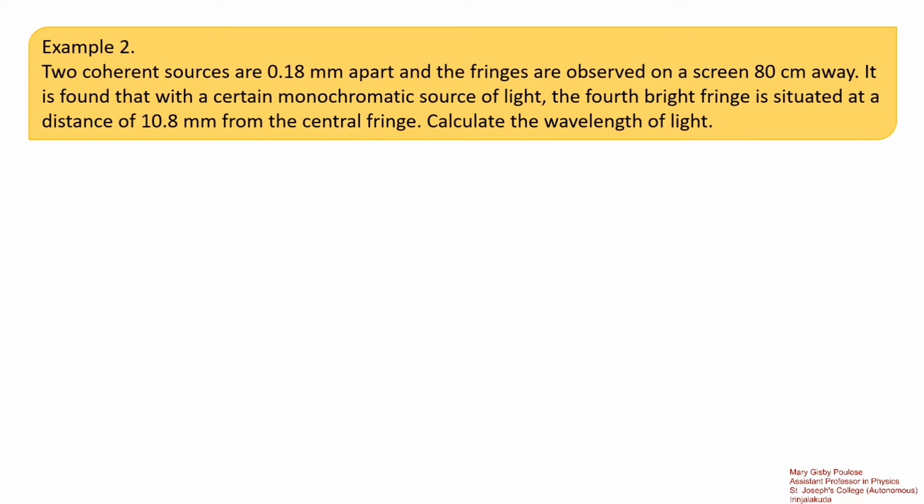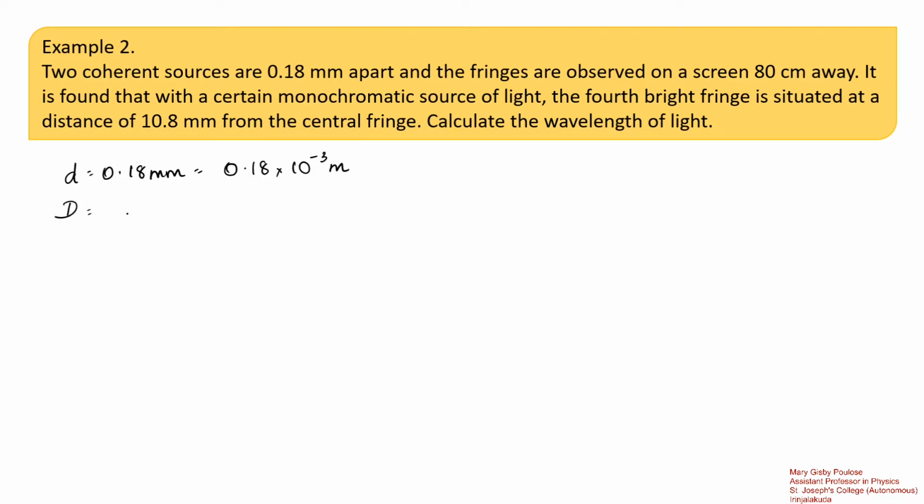Okay. Now, in this example, the given parameters are that two coherent sources are a small d distance apart. It is given as small d is equal to 0.18 millimeters. So in meters, I can write it as 0.18 into 10 raised to minus 3 meters. And the fringes are observed on a screen placed at a distance 80 centimeters away.